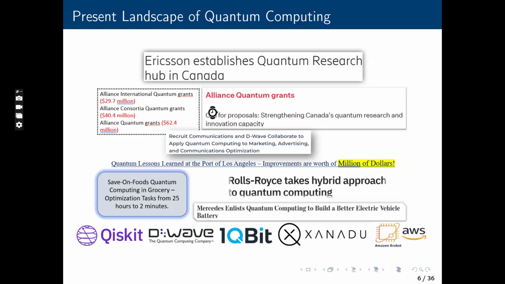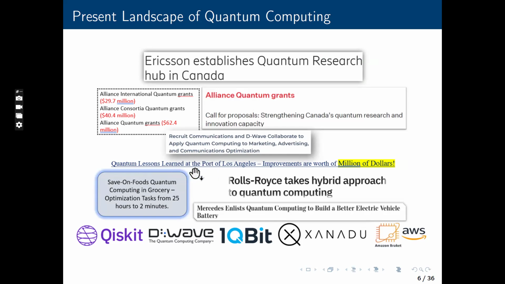Now, I'd like to mention that quantum computing isn't a myth anymore. Ericsson has recently established a quantum research hub in Canada for communication optimization problems. The government of Canada has several quantum-specific grant calls to strengthen Canada's quantum research and innovation capacity. In Japan, they have been using quantum computing to optimize their marketing, advertising, and communication strategies.